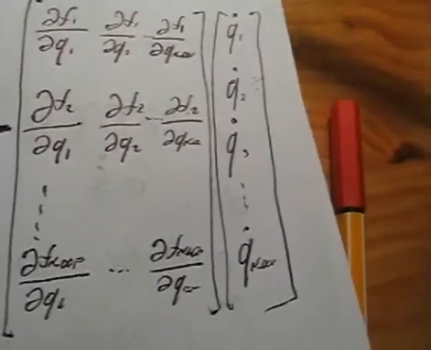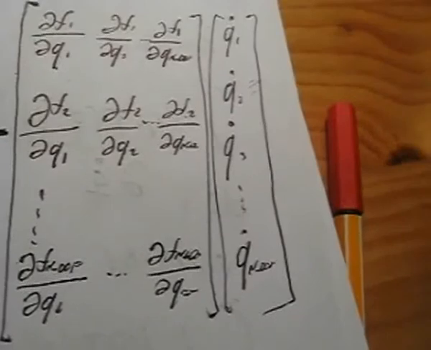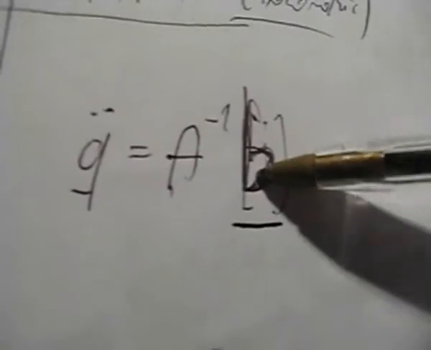Since these are all known terms, these can be multiplied together at once. Brought here, summed with this, and we obtain a vector of known terms.